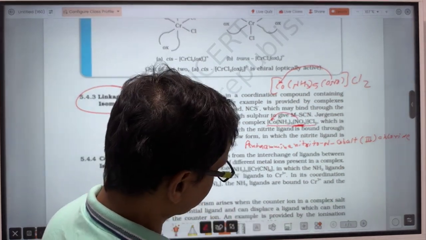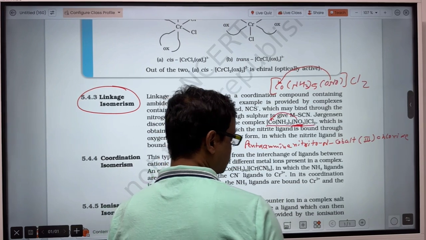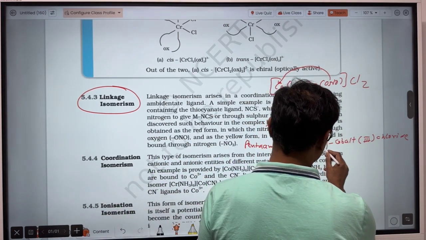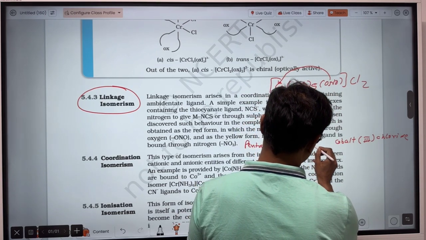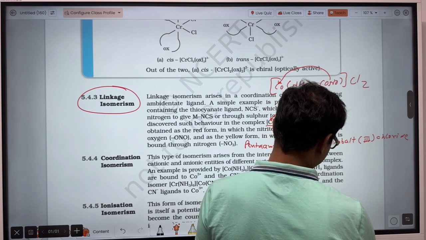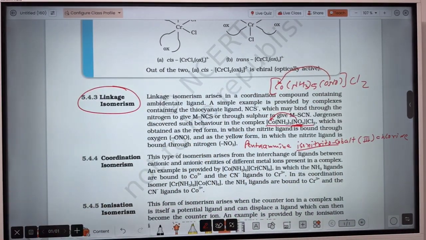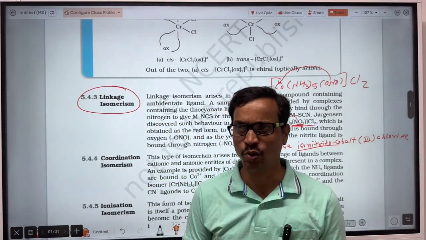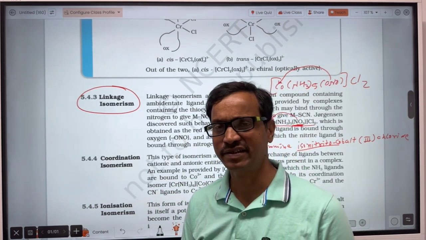So when we write the IUPAC name of the compound, in place of nitrito-N we will write isonitrito, or nitrito-O. So the IUPAC name will be different, and linkage isomerism is there.